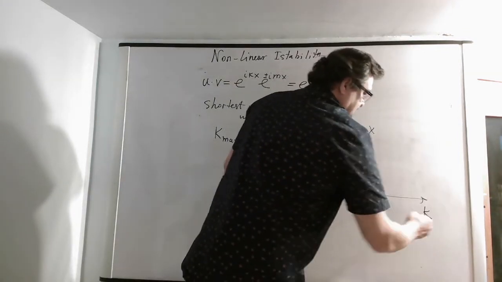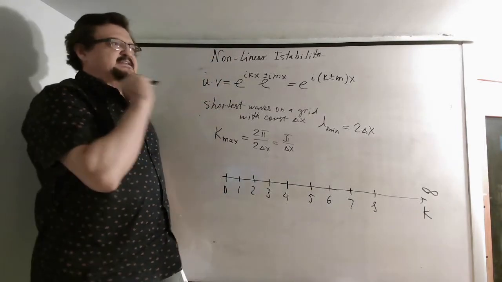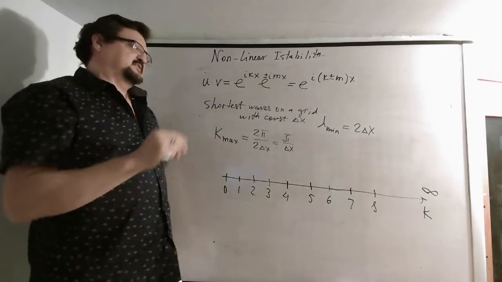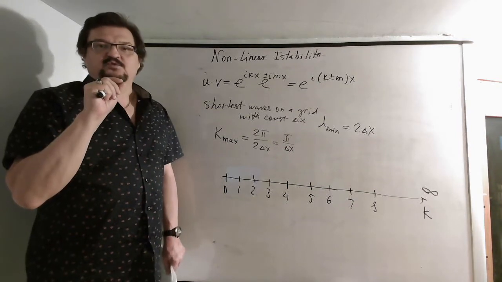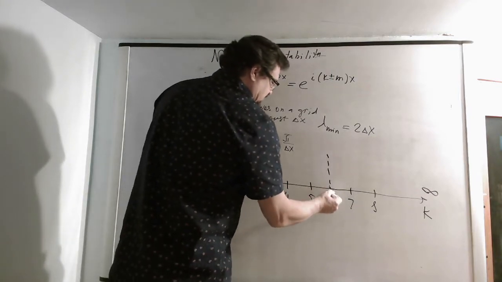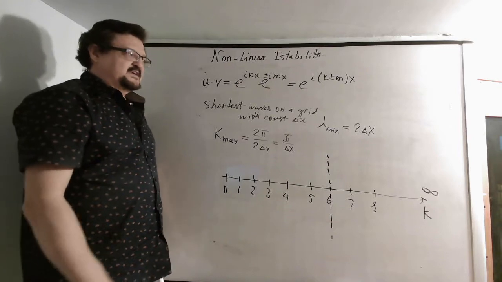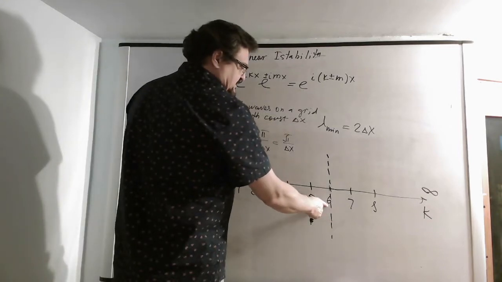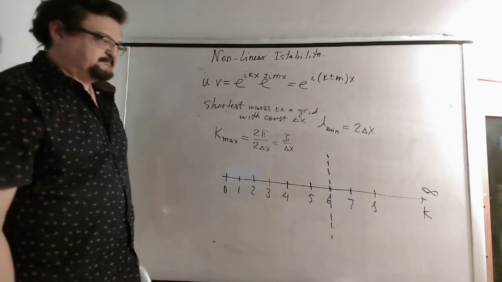So this k here is infinite. In reality, you have continuous space, and you can have waves as short as you want. But in the model, you have this. This is the shortest one. In this case, this is wave number 6 that corresponds to, say, 2 delta x waves.